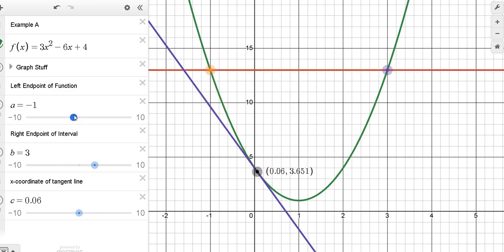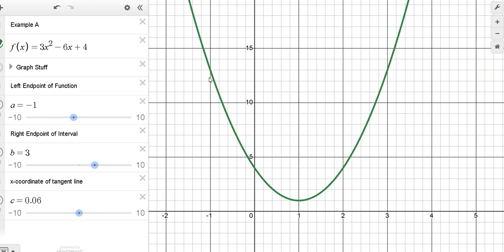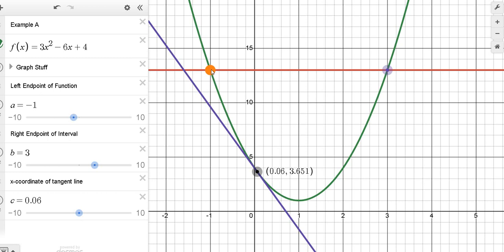So -1 there and 3 there, we're good. So notice that the function at the endpoints are equal. F of -1 and f of 3 are both equal to 12.